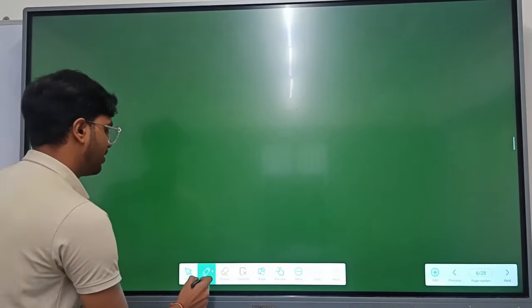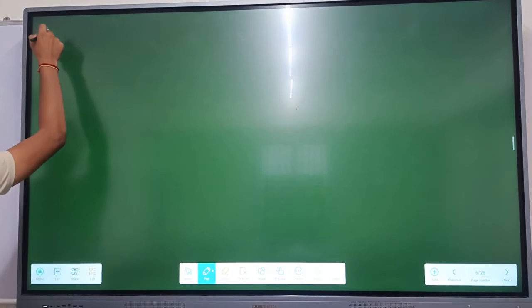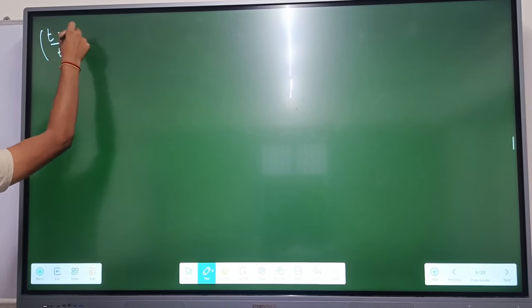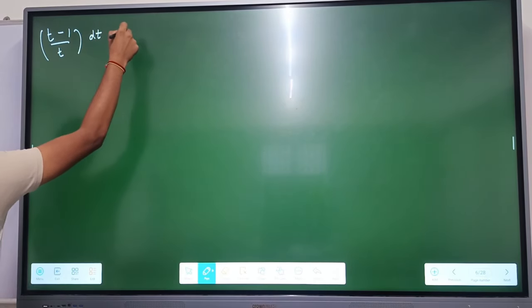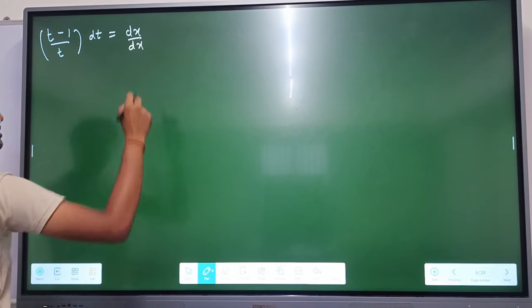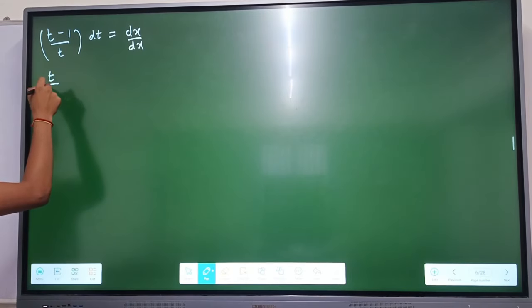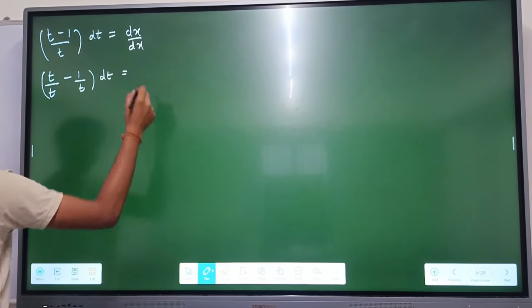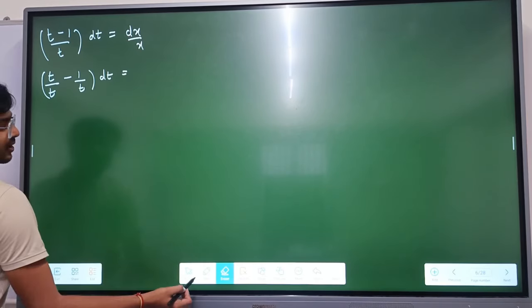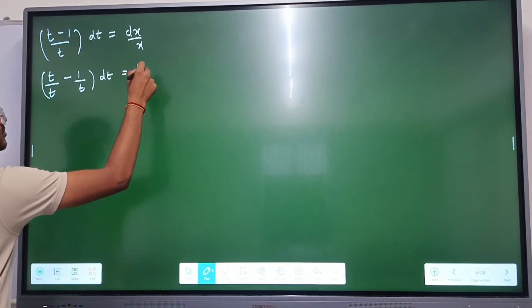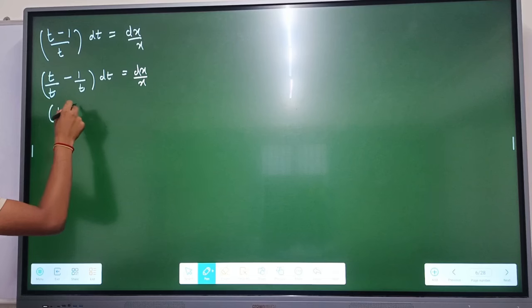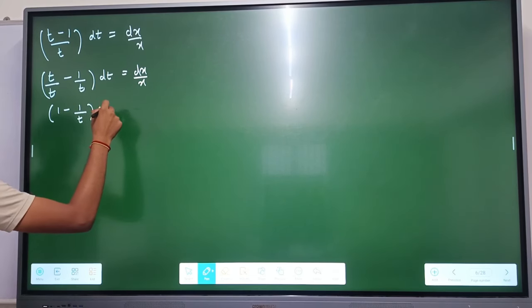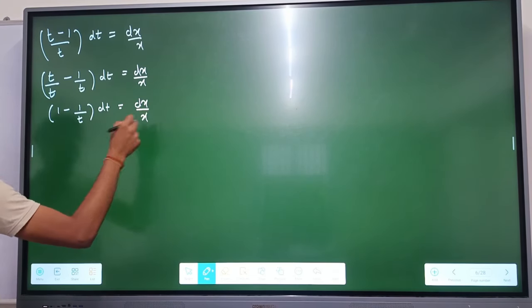So what do we have now? (t minus 1) by t into dt is equal to dx by x. I can simplify it further. How? t by t minus 1 by t into dt equal to dx by x. So (1 minus 1 by t) dt equal to dx by x.